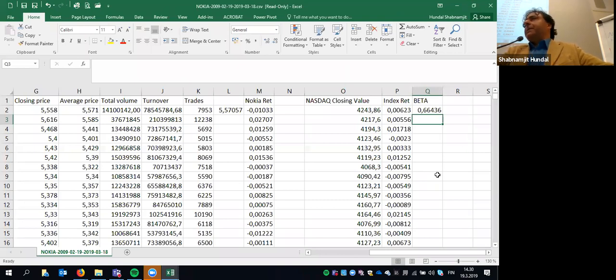0.66 beta is not a very big beta for a growth company, for a tech company, and so forth. So you can also ask, is Nokia really a growth company now? Because normally in the case of growth companies, the beta should be very high. But normally the growth companies, when they mature over time, the beta goes down. This is not a surprise to me.